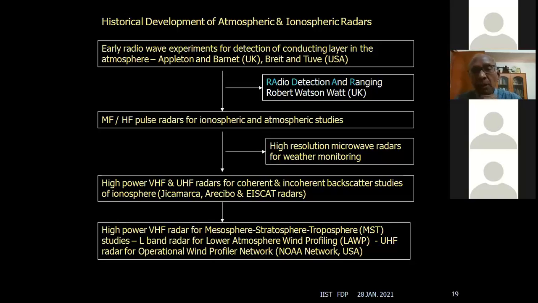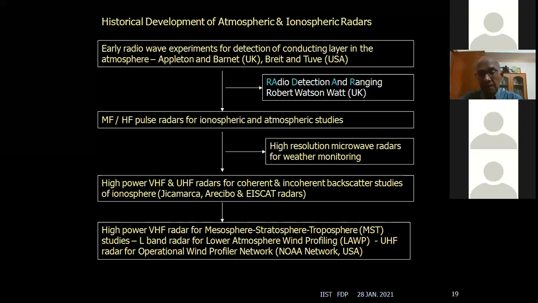The reflection comes from the refractive index gradients, or the stratification of the conducting layer. But then, in principle, you can get a backscatter signal from each electron. So the free electrons can scatter back the signal. A very weak signal does come back, but that is very difficult to detect. That's what is called an incoherent scatter signal.